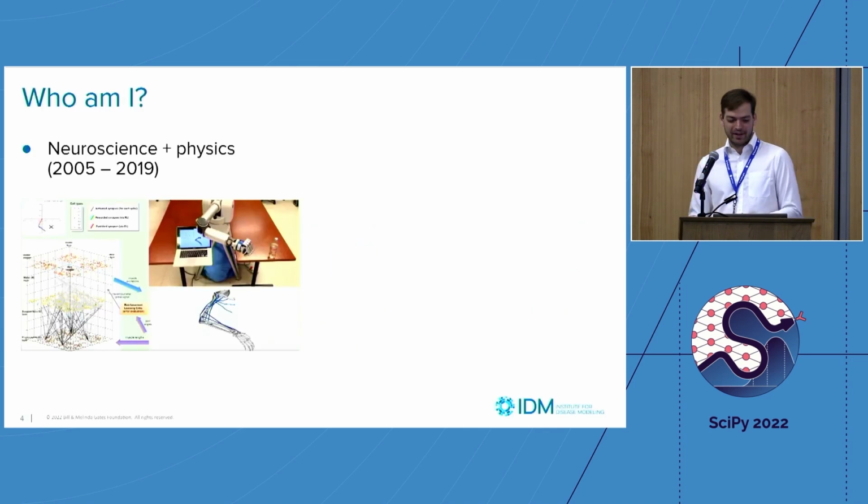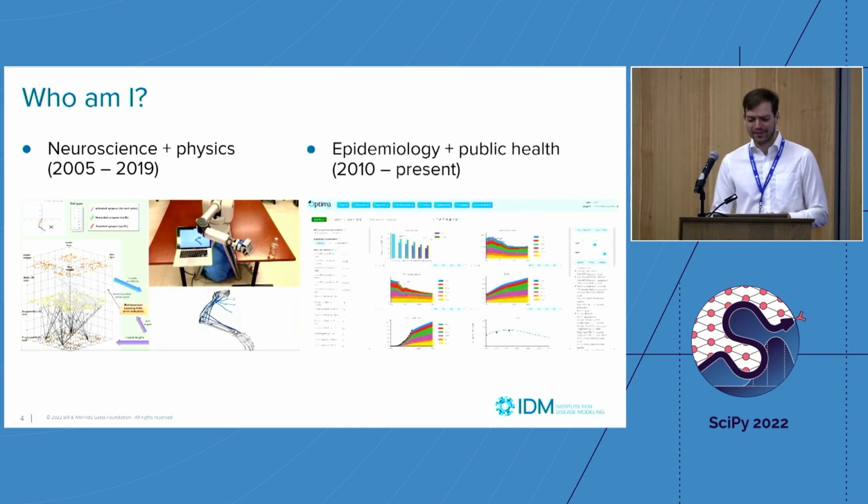So just a little bit of background about myself. I started off in computational neuroscience. I studied physics and then did cool things like taught robots how to pick up balls. But then starting about 2010, I thought, well, this is cool, but it's kind of having impact for like 50 years down the track, and I kind of want to do stuff that has impact now.